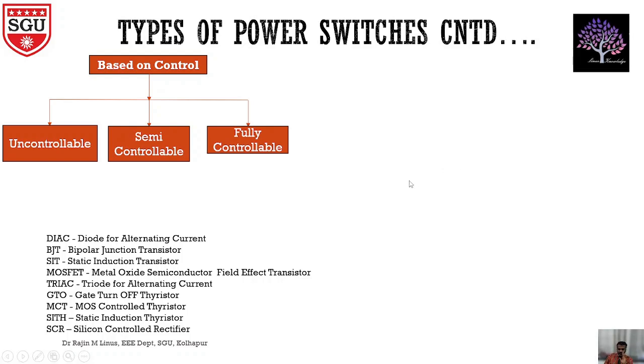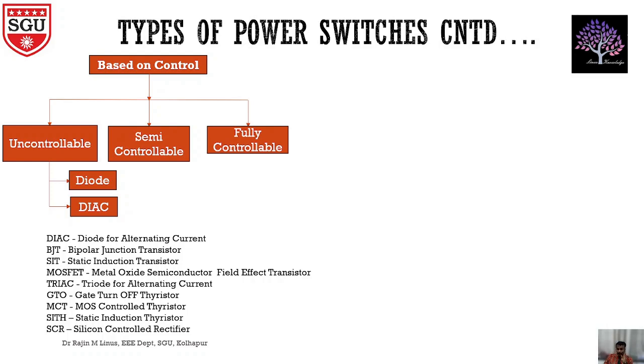Then let us see which are uncontrollable. Diode and diac are uncontrollable. Even when we learned about the ideal characteristics earlier, we learned this, right? Then semi-controllable means SCR and triac are semi-controllable.